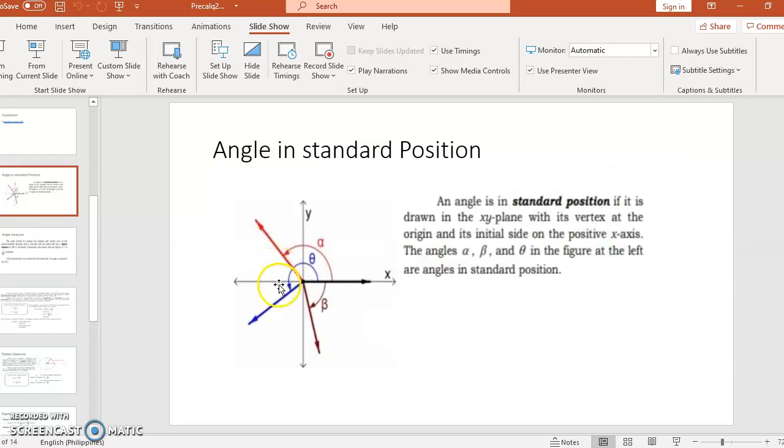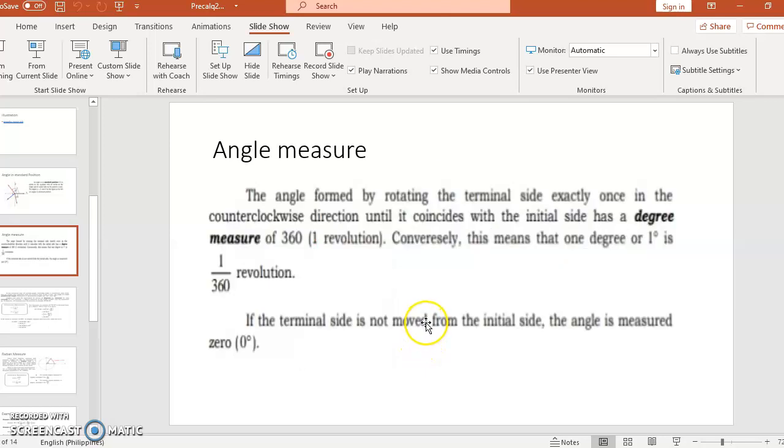So if we go back to our illustration, if for example the terminal side of angle alpha lies on the positive y-axis, that's a quadrantal angle. If it also lies on the negative y-axis, again a quadrantal angle.